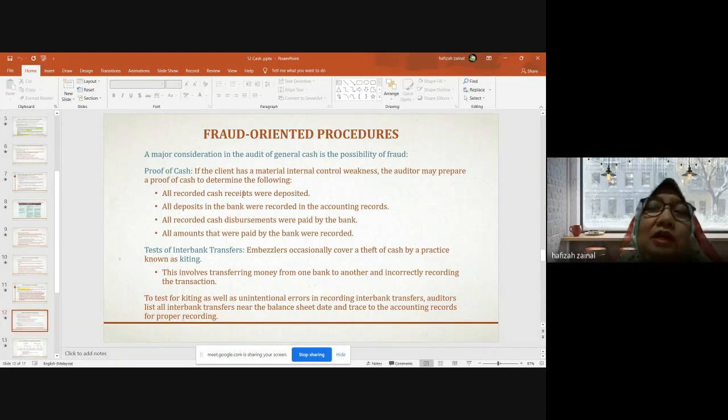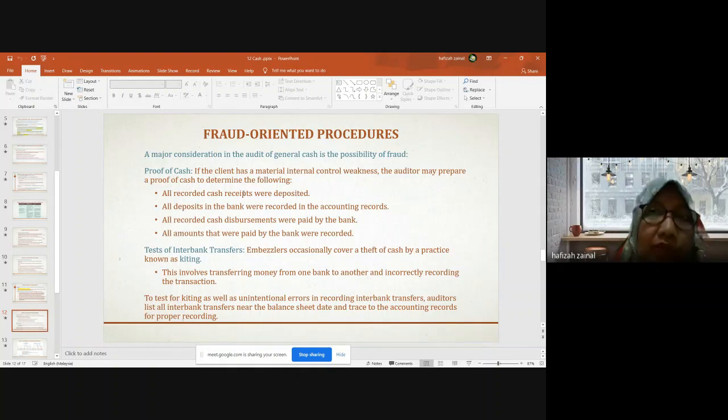Remember in the last class I mentioned stock count, where you go to the client and count the stock on a sampling basis. Here you do the same, you do the counting, but not on inventory; it is on the petty cash.